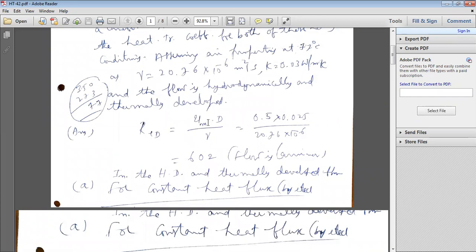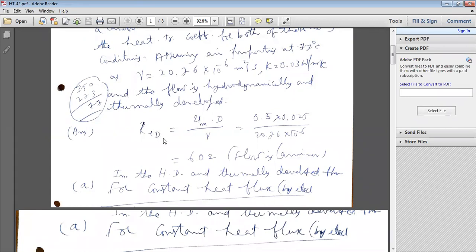Density into velocity into diameter divided by dynamic viscosity. But you can replace mu by rho: mu by rho is the kinematic viscosity. That's why you can calculate the Reynolds number using the formula for a tube.